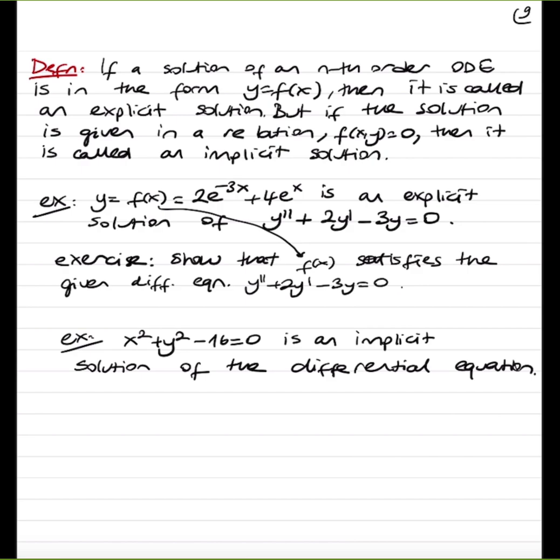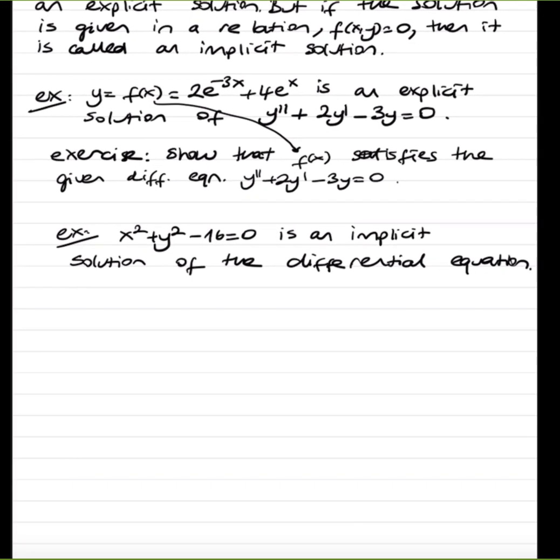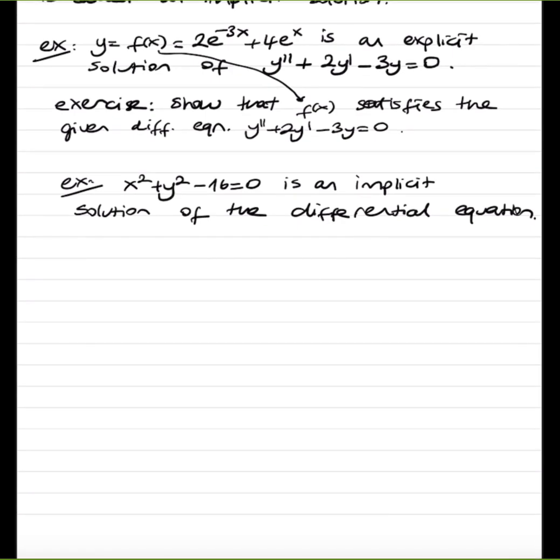Okay, now I will talk about some problems that we will solve in this course, which are called initial value problem or boundary value problem. We will define such problems, and in this course we will mostly solve initial value problems. Okay, let me define. Definition: initial value problem, we write shortly as IVP.